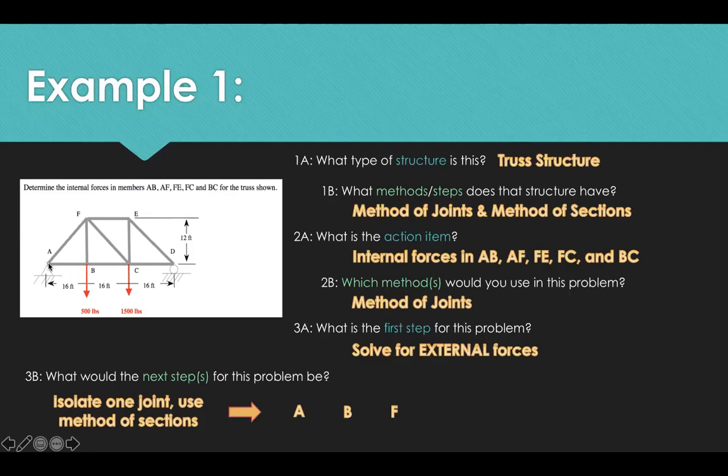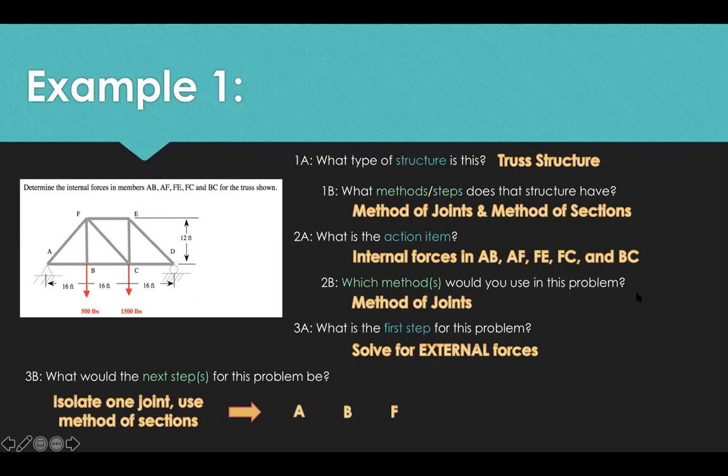You absolutely can. There's no reason why you couldn't find these by the joint and then cut through here, expose those three, and look at it from the left or right side. I just don't know if that simplifies it or makes it more complicated. But if that's what you wanted to do, there's nothing wrong with that.